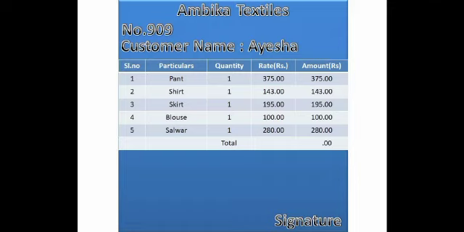Now first she buys a pant, that is one pair, which cost 375 rupees. Then she buys a shirt costing 143 rupees, skirt 195 rupees, a blouse for 100 rupees, and a salwar for 280 rupees.